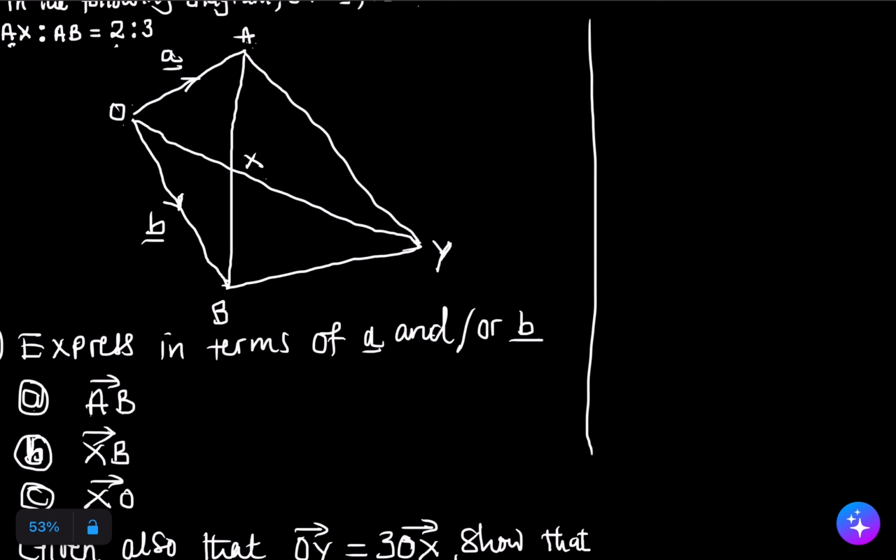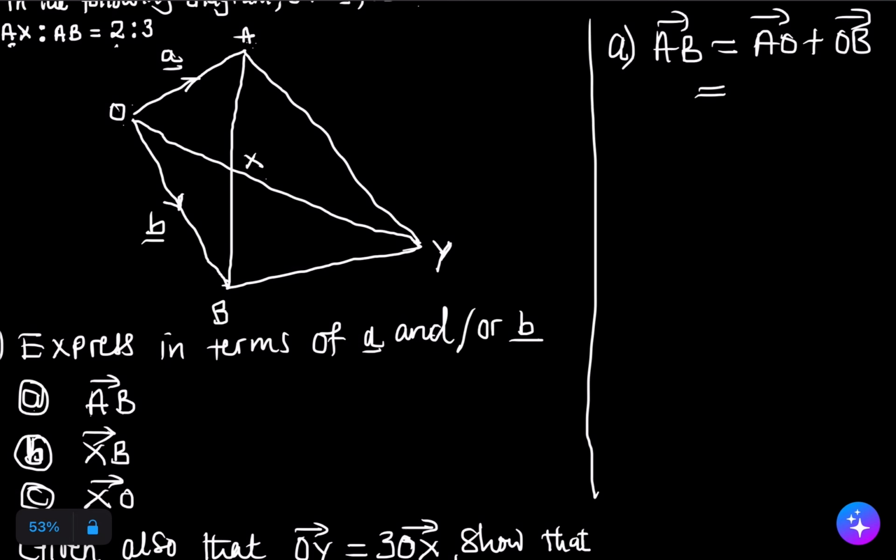So I will use this space to answer the question. We have the first one, which is AB. For AB, we can use the path A to O, plus O to B. Now we begin to apply the vectors. What is important about the application of vectors? When you are taking a path, we look at the direction of the vector, where the vector is going.